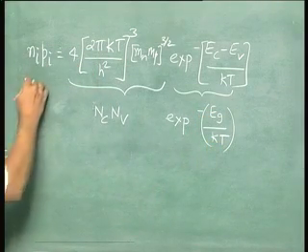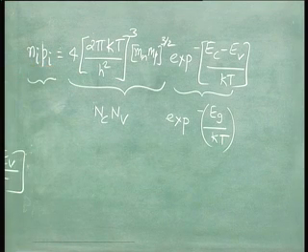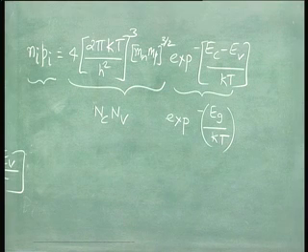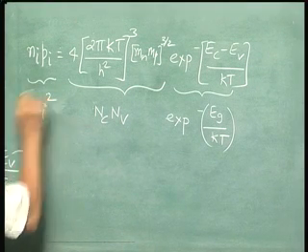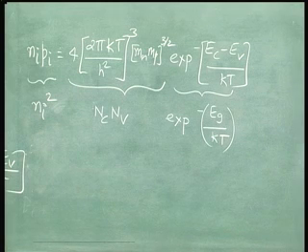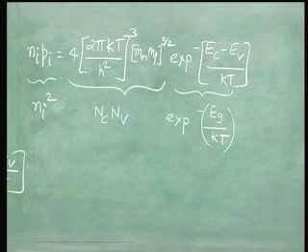And further, I recognize that this term Ni into Pi, since Ni should be equal to Pi in a pure semiconductor or intrinsic semiconductor, I can write this as Ni square or Pi square. Convention is you write Ni square.